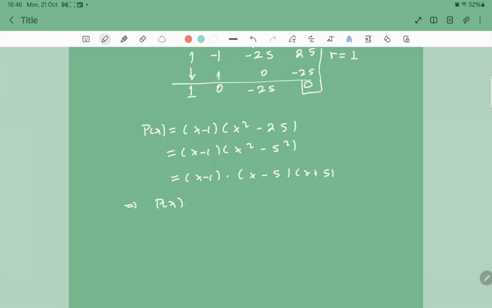So the p of x equals x minus 1 times x minus 5 times x plus 5.